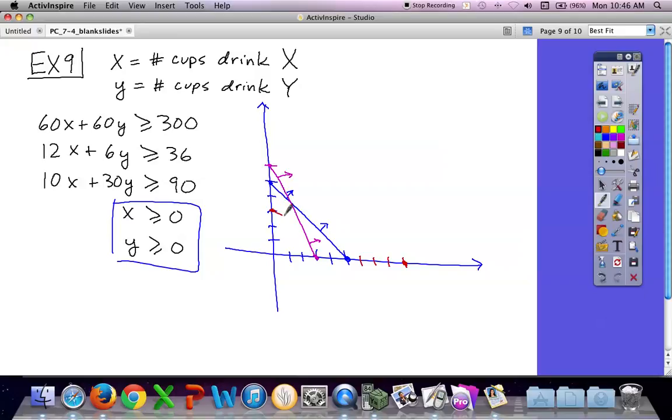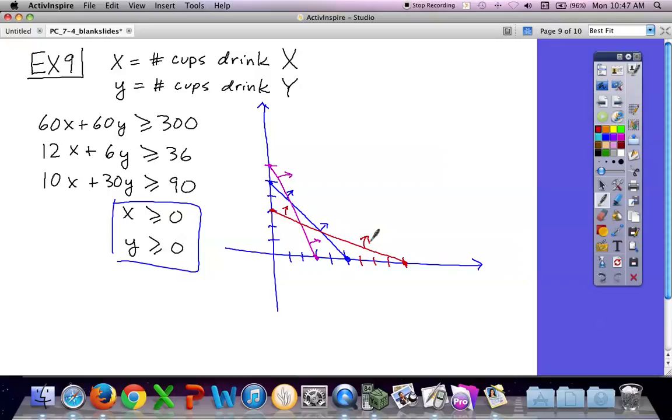So we can connect those two. And which side of that line are we going to shade? Put in the origin: 0 plus 0. Is 0 greater than or equal to 90? No. So we're going to shade on this side. Up and up.